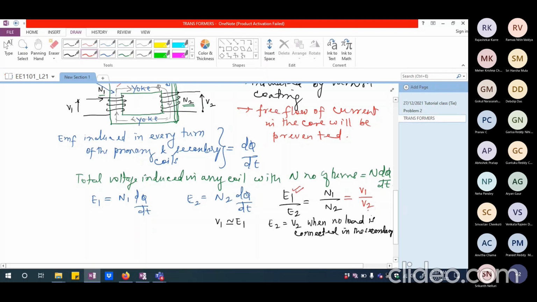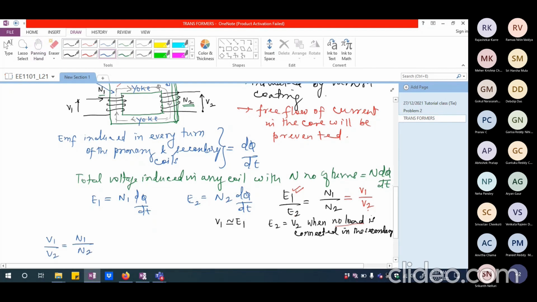And V2 is going to be exactly equal to E2 when there is no current drawn from the secondary side. So I have the equation V1 divided by V2 equal to N1 divided by N2. This is the voltage equation of the transformer.